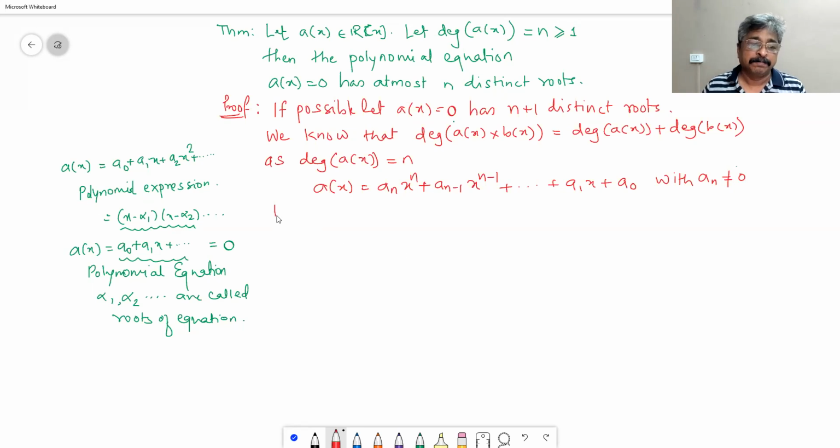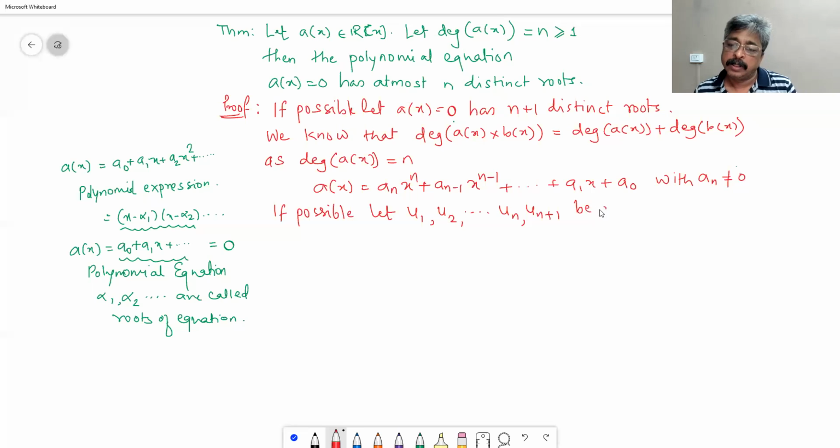If possible, let u1, u2, ..., u(n+1) be distinct roots of a(x) equal to 0.